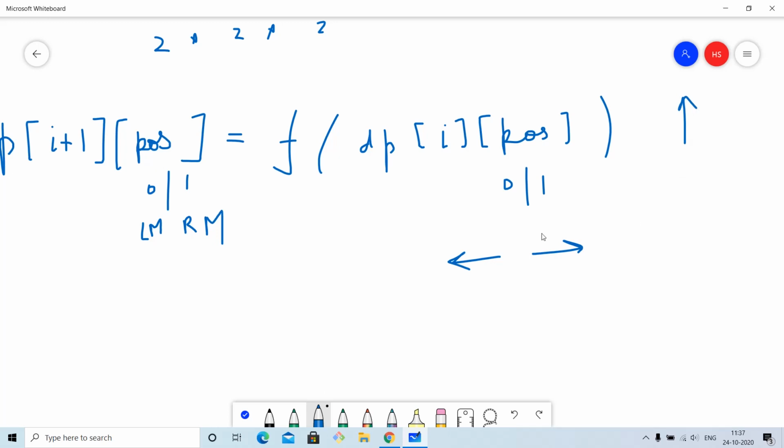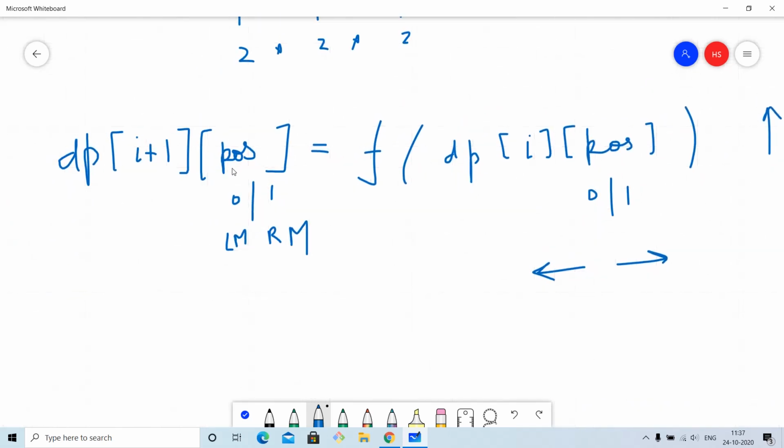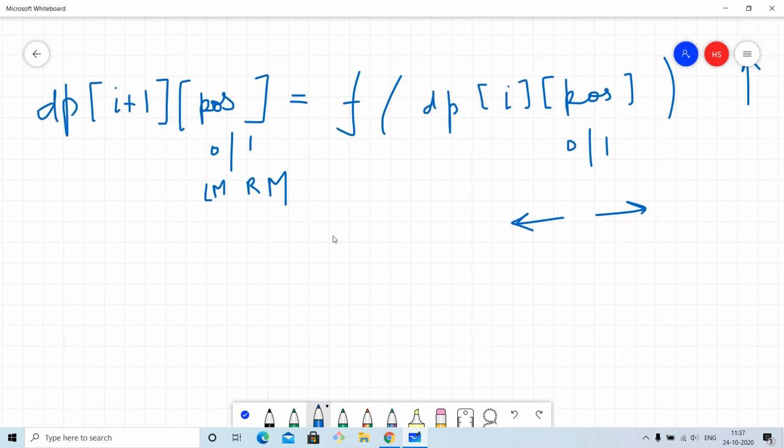So for moving up we will have to go either to the nearest left or to the nearest right of this pos, and then we will move up to reach the I plus 1th row, and then we will sweep to reach the rightmost or the leftmost depending upon where we have to end up, and then we'll again go to the rightmost or the leftmost depending on the pos which is for our answer. So yeah, this is it.